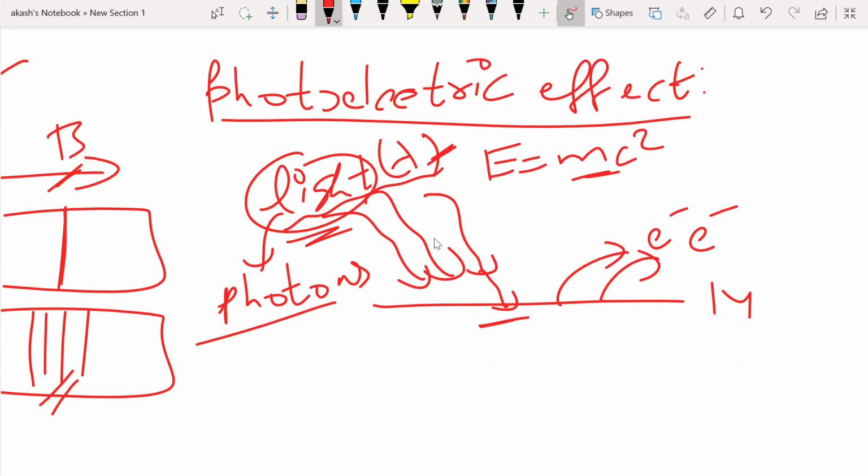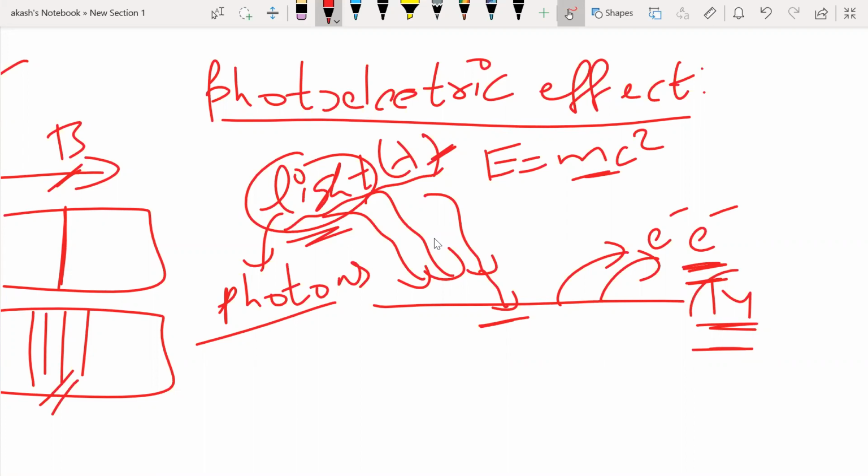The electrons are not going to come out just like that. There is a particular value of energy which should be supplied for the electrons to come out. If you supply energy anything lesser than that, you will not see the photoelectric effect happening. Only if you supply more energy than what is required will you see the electrons ejecting out.